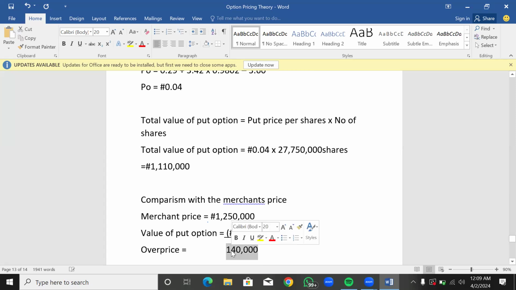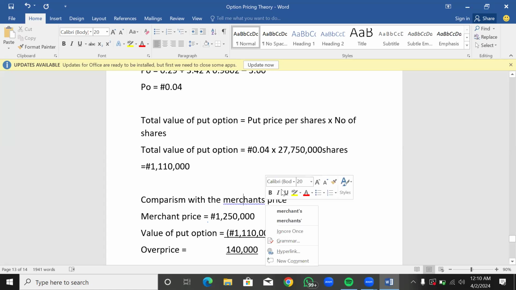You can now say, okay, the price at which the merchant is set to sell is higher than the fair price of the option. Just add small garnishing. So this is the answer to that question.